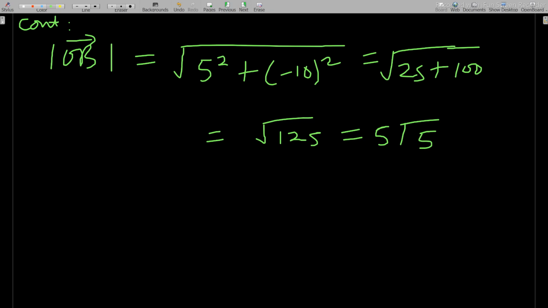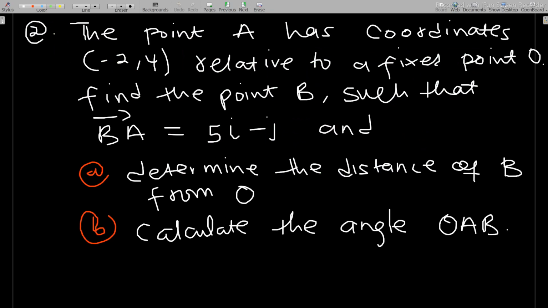Now let's move ahead to the next question, which is a bit more difficult than this. The question is saying that the point A has coordinates (-2, 4) relative to a first point, or origin O. So this point A here has coordinates this relative to the origin O. Find the point B such that BA is this, and determine the distance of B from O, and calculate the angle OAB.